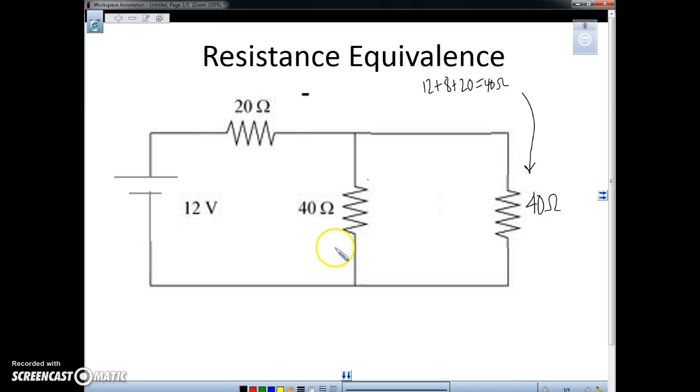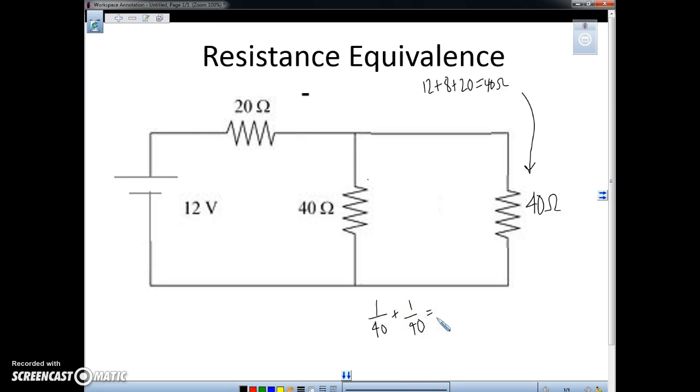So now that I broke it down, I could see that these two are in parallel with each other. Again, I'm not including this one because this one's actually in series with this. But these two are in parallel, which means I could squish these two down into one resistor by doing the parallel resistance equivalence.